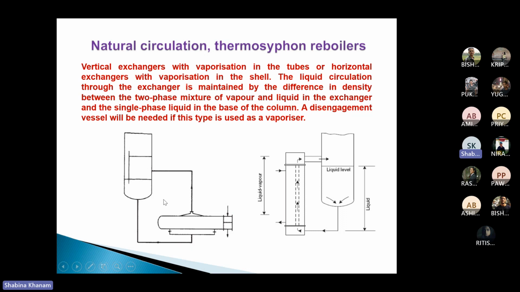It will occur naturally, so the reboiler will be slightly lower than the positioning of the distillation column, because feed enters naturally by gravity. Then vapor formation will always start in the shell side, because there the friction loss will be lesser.